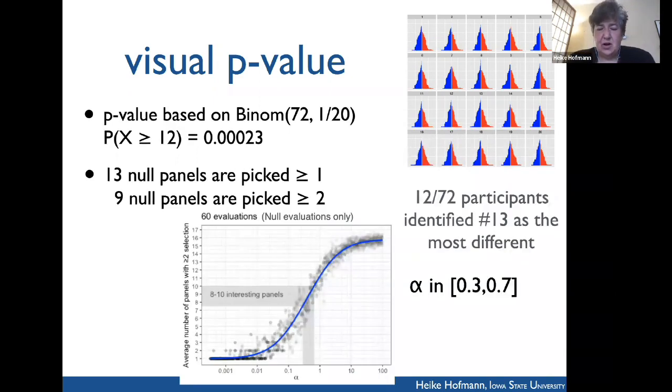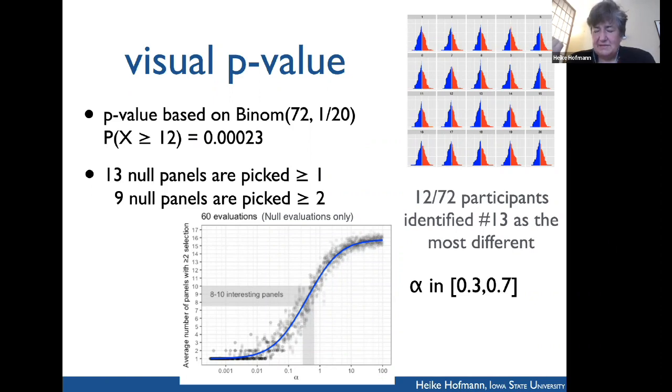and we draw the line of expected values, so this blue line is the expected value for the number of interesting panels, so panels that were picked at least twice, when there's 60 evaluations.